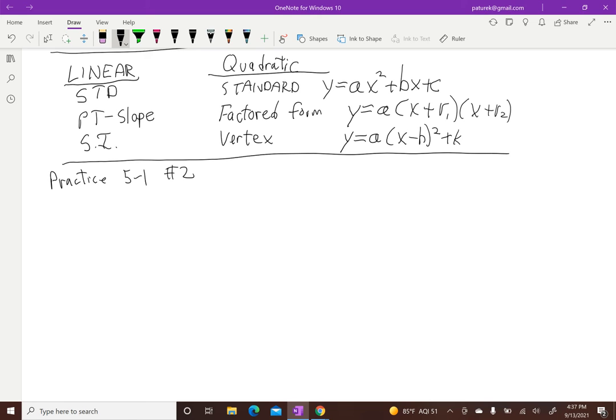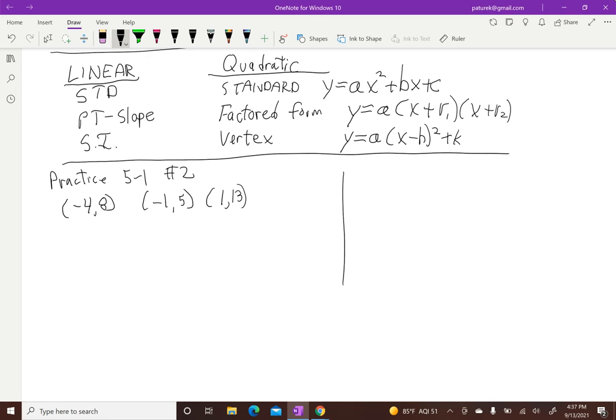It says, find a quadratic model for these 3 points. And the points are -4, 8, the point -1, 5, and the point 1, 13.